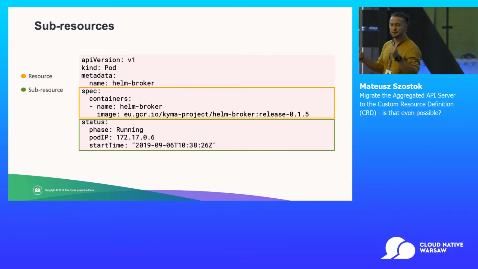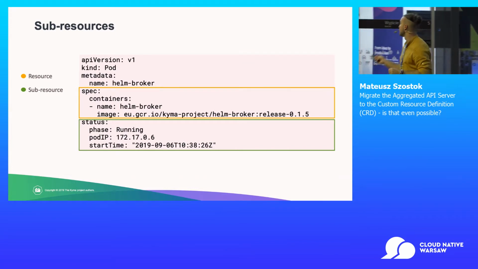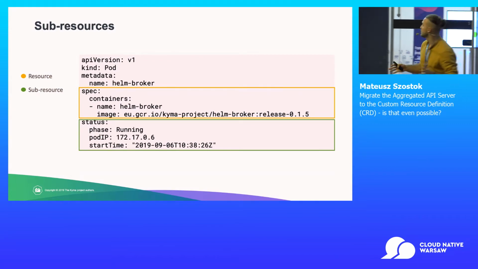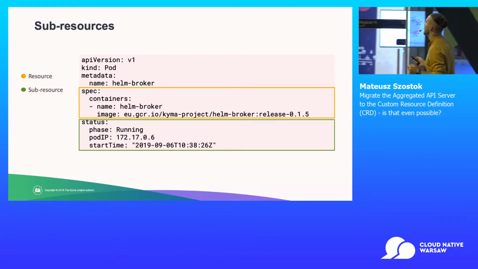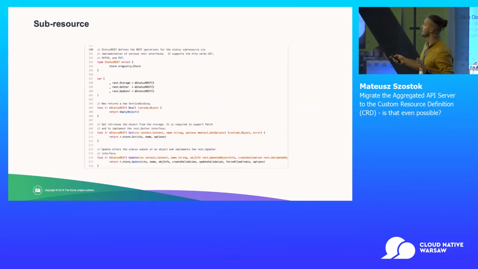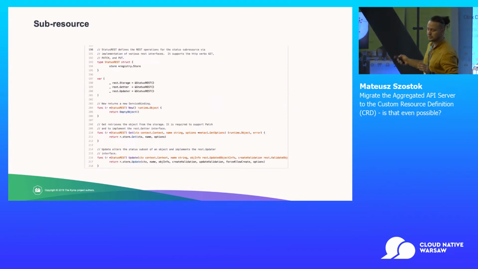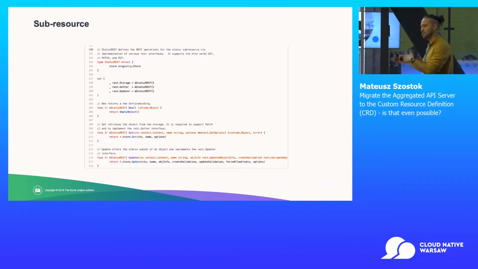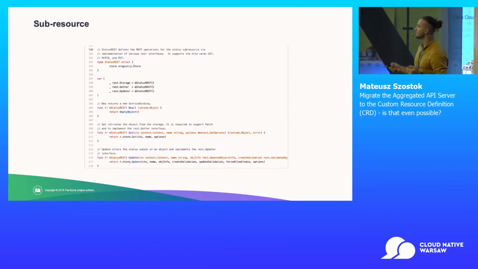Thanks to that, we will have dedicated methods to update that entry, and we can also set different RBACs. It's really useful. With API server, you need to write some code. Basically, you need to write storage connection and also create a strategy for saving and deleting that entry, status entry.